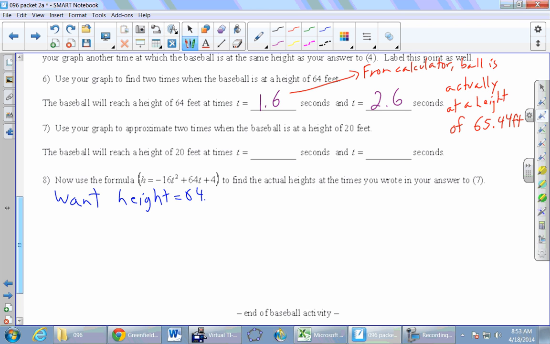Looking at this equation in number 8, the one in parentheses, which variable are we changing to a 64? It's the h, right? It's not the t. We're trying to find the time, but it's the h that becomes 64. So I'm just going to rewrite that equation, put a 64 over here for the h. Everything else copied. Be careful that your t's don't look like plus signs.